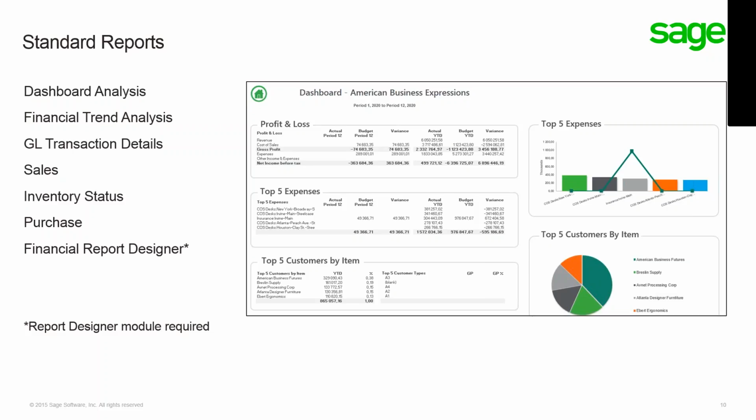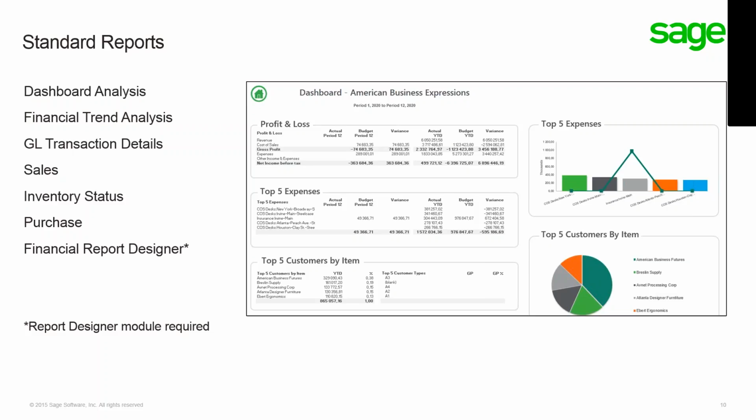So this is actually a great example of the power and flexibility of Sage Intelligence, in that I'm looking at financial information in the profit and loss. I'm looking at revenue, cost of sales for a specific period, the budgeted information, the actual variance information, my top 5 expenses, my top customers by item. So I can look at and combine financial data and, let's say, statistical data on sales or customers, etc.